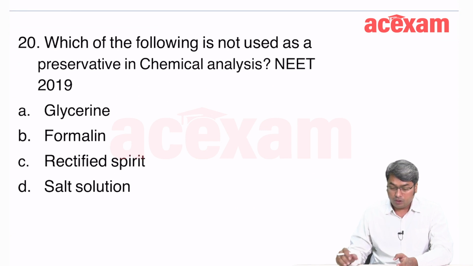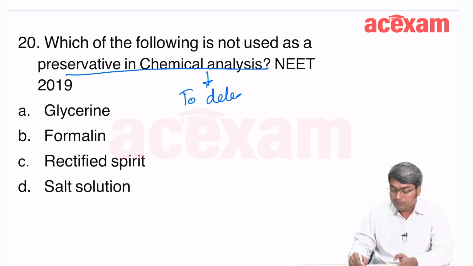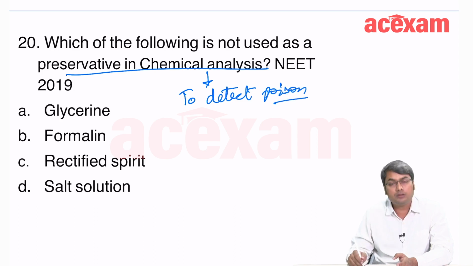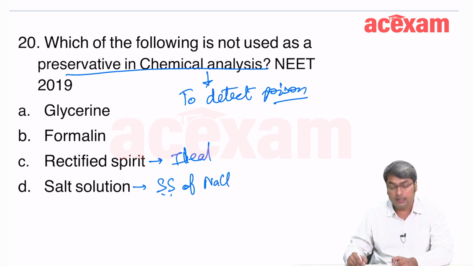Next, which of the following is not used as a preservative in chemical analysis? We have already discussed this. Why is chemical analysis done? To detect poisons. The ideal solution for poison detection is rectified spirit. Saturated solution of NaCl is the most commonly used.